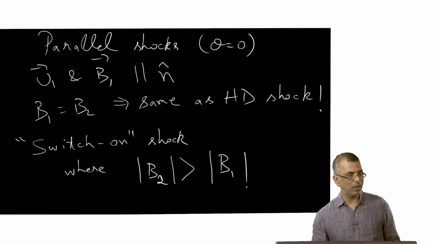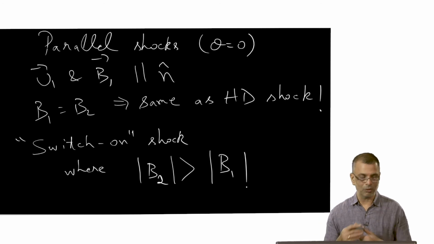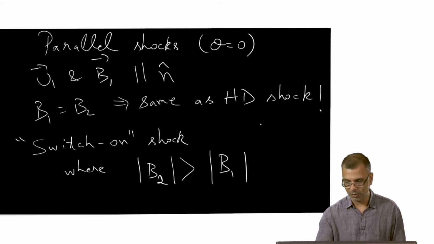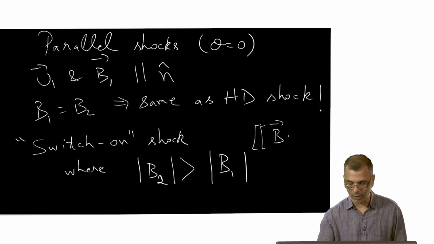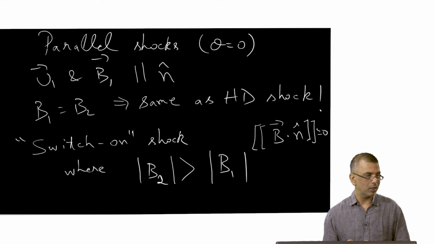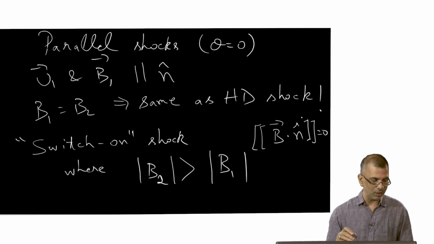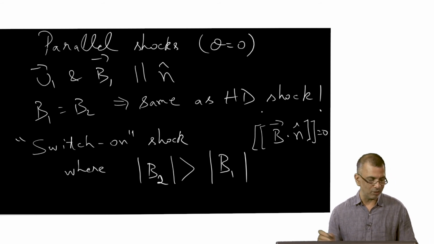In this case, some of the flow energy is indeed converted into magnetic energy. The only thing is the normal component of B is conserved. In other words, B dot n is conserved, whereas the tangential component is not. In the other case, the tangential components are the same, and so in one particular case, the parallel shock is the same as a hydrodynamic shock.